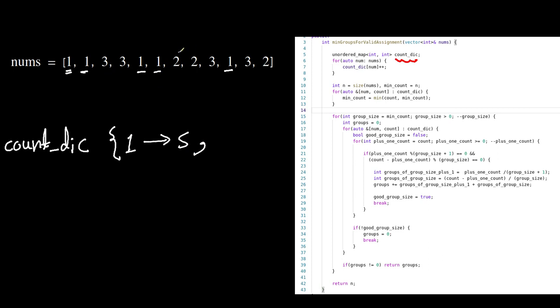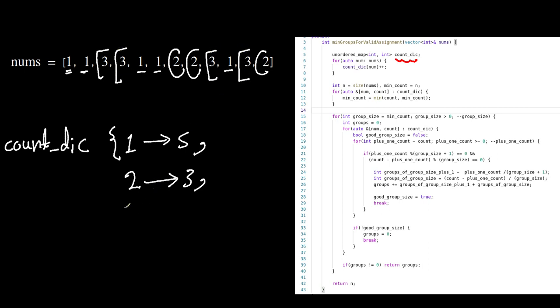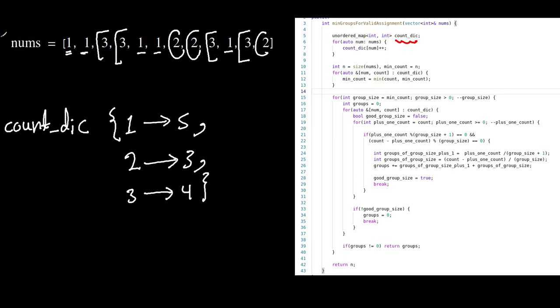How many twos in the array? 1, 2, 3. How many 3s? 1, 2, 3, 4. So in this loop we fill this dictionary.